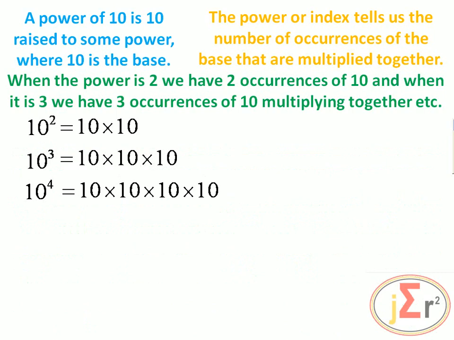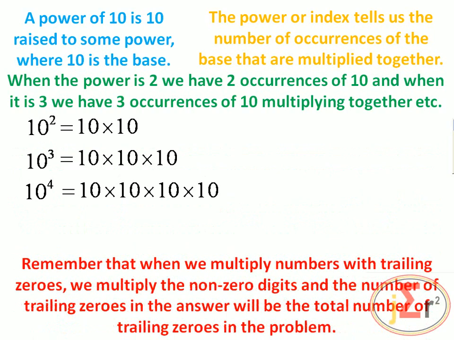And when it is 3, we have 3 occurrences of 10 multiplying together, etc. Remember that when we multiply numbers with trailing zeros, we multiply the non-zero digits, and the number of trailing zeros in the answer will be the total number of trailing zeros in the problem.